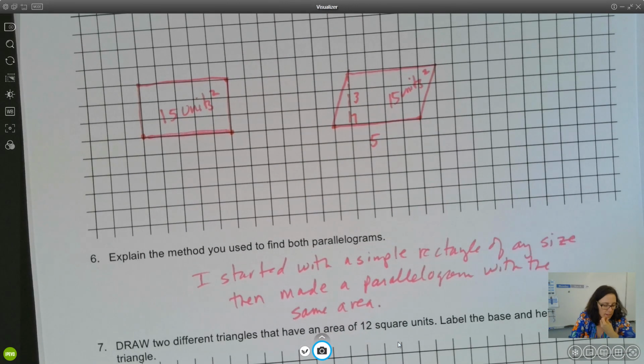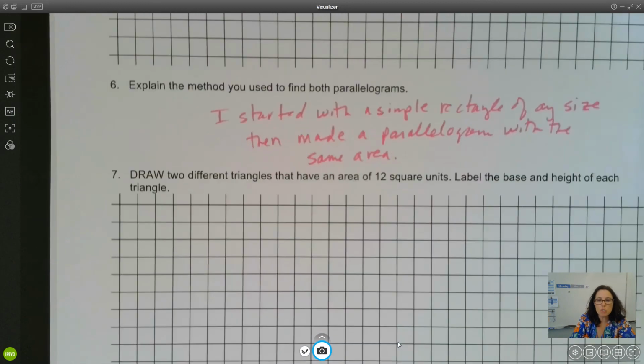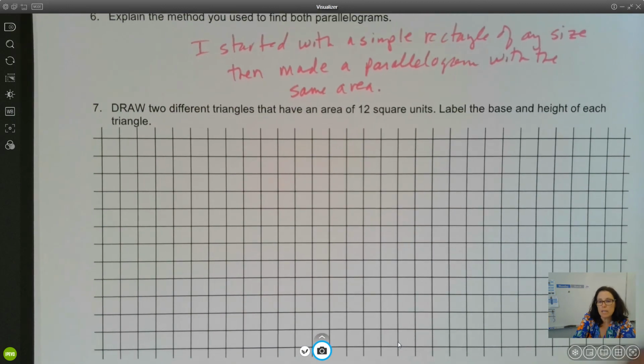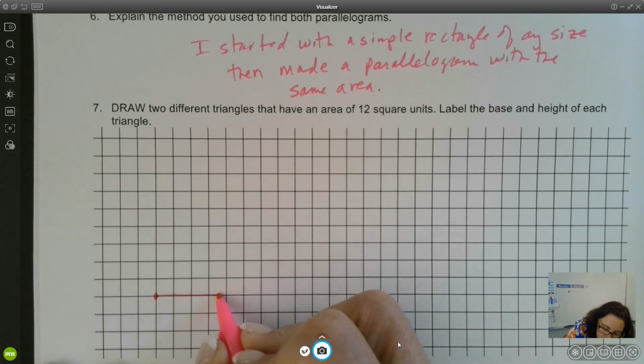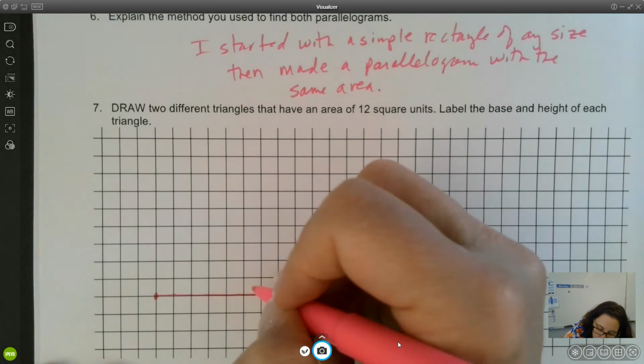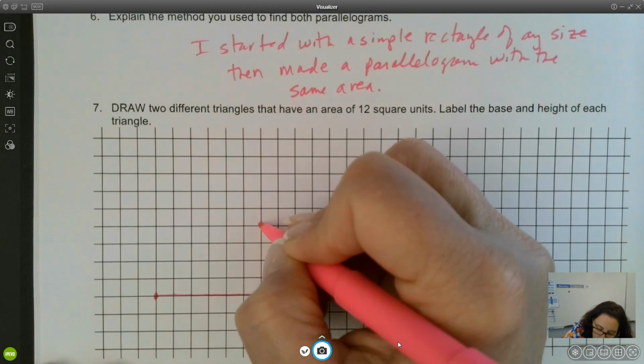All right, draw two different triangles that have an area of 12 square units. Label the base and height of each triangle. All right, if I need 12 square units and it's a triangle, don't I need the base times the height to be 24? Okay, so let's do a right angled one. 6 by 4.